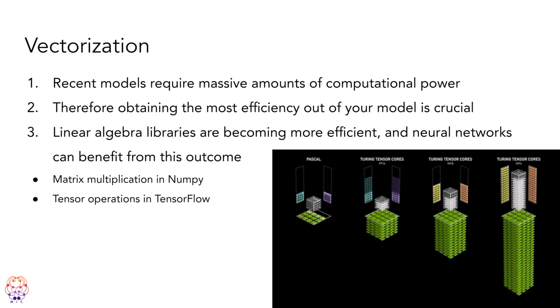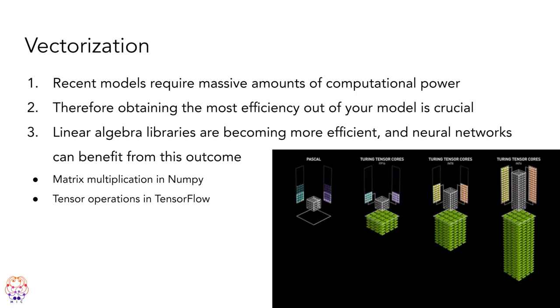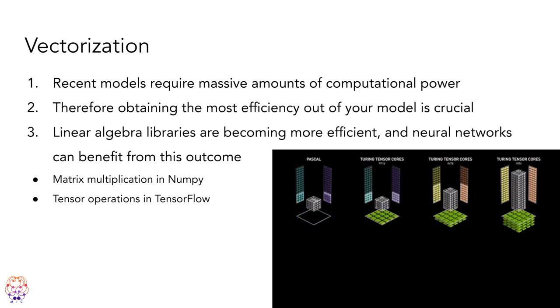What that means is in a GPU, you have tons of GPU cores, and each core can do a small operation. And in a matrix, you're doing basically the same operation, which is pretty parallelizable. So this is used heavily in libraries like NumPy and TensorFlow. And there's also an efficient way to do those operations.